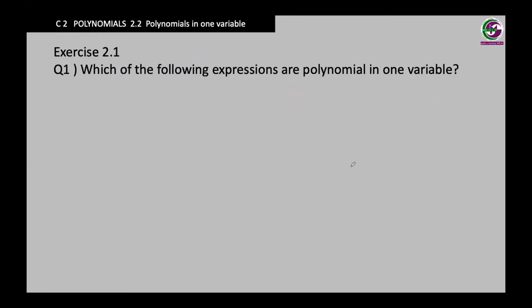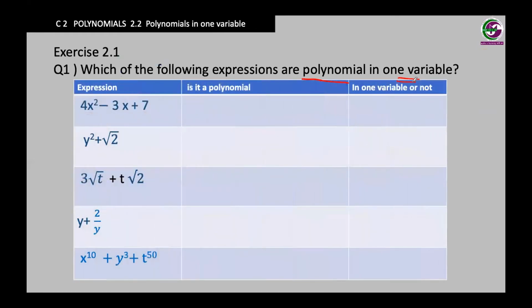Let's move to the exercise 2.1. Which of the following expressions are polynomials in one variable? So you have to see which is a polynomial, and which one has only one variable. If you have x and y, we don't count it. So let's see. 4x squared minus 3x plus 7. Is it a polynomial? To know that it's a polynomial, we see the powers of the variable.